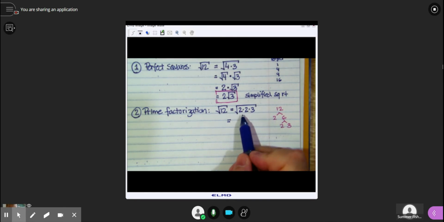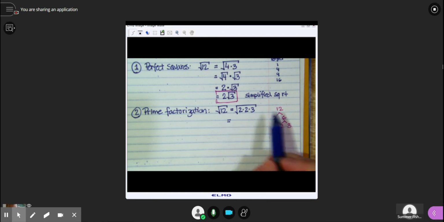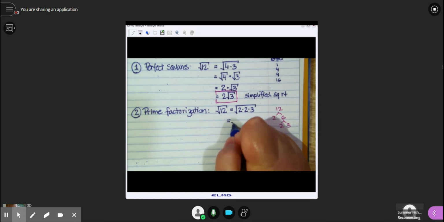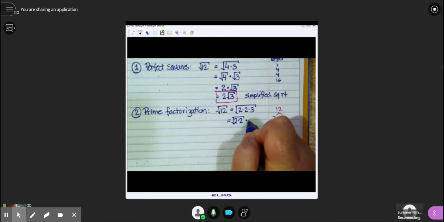Now, when you take a square root, you're essentially asking what number is being multiplied by itself. And as I look at the prime factorizations, which number is being multiplied by itself? Well, it's a 2 times 2.